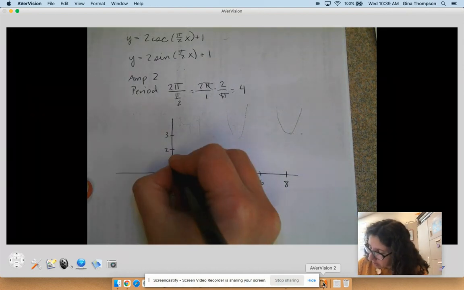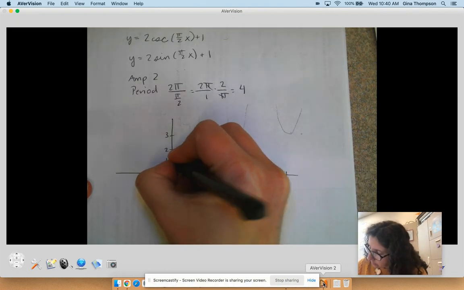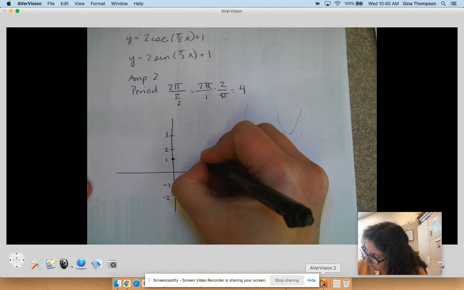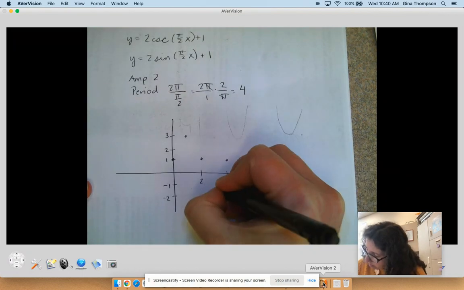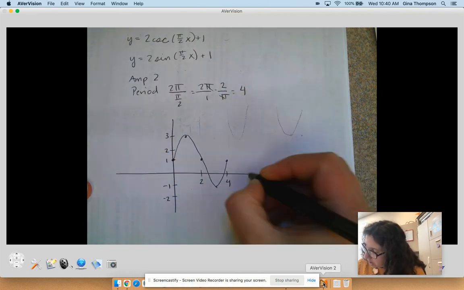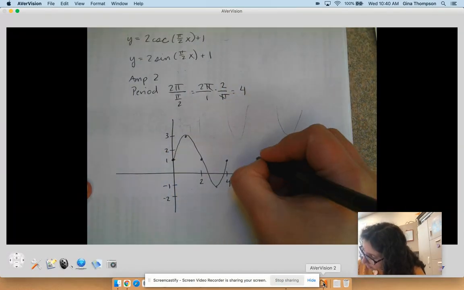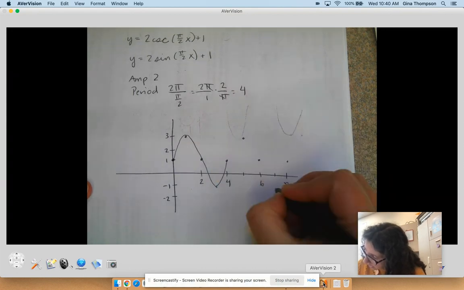And our midline is here at 1. So we're going to start here at 1, and halfway through be at 1, and at the end be at 1, and then go up and down. And then same thing here. We're going to go up and then down.